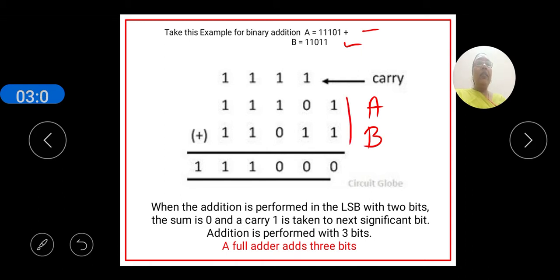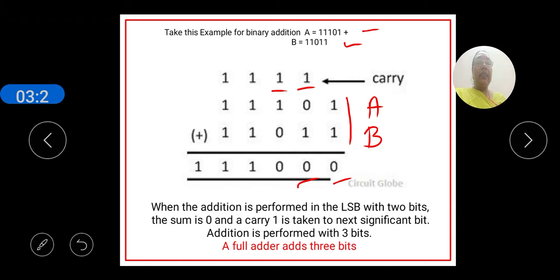1 plus 1, the sum is 0, and you take a carry 1 to the next significant bit, the second significant bit. So here you have 3 bits, 1 plus 0 plus 1, the sum is 0, it takes a carry 1 to the third significant bit.